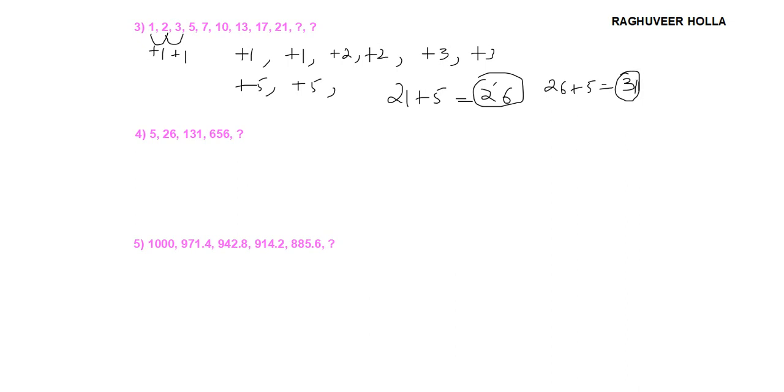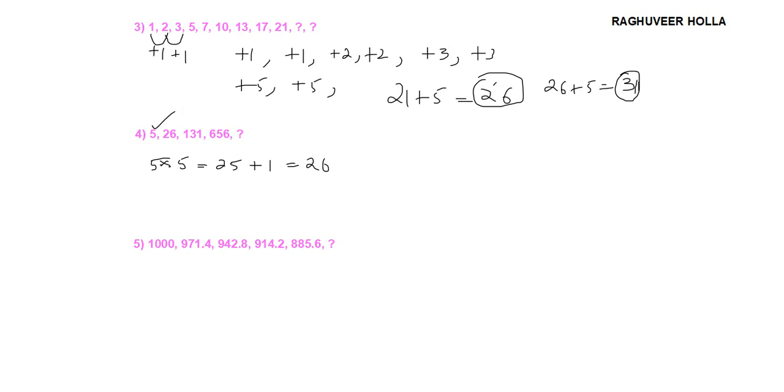Let us look at another problem here. What we have is 5, 26, and so on. If I multiply 5 to the first number, I get 25, and you notice that 26 is the number, so if I add 1, I get 26.